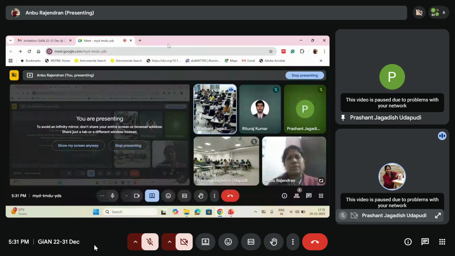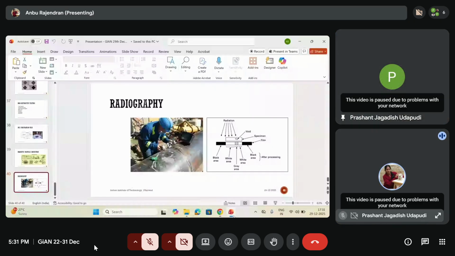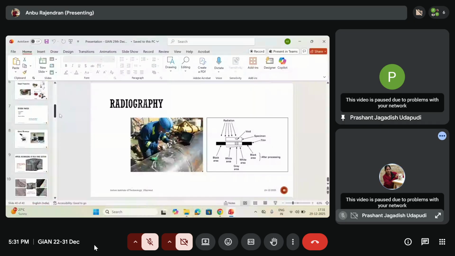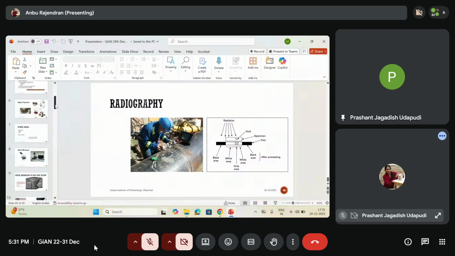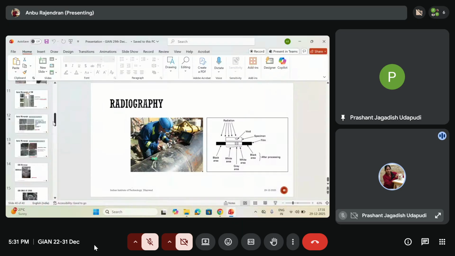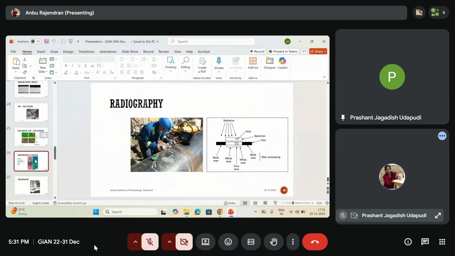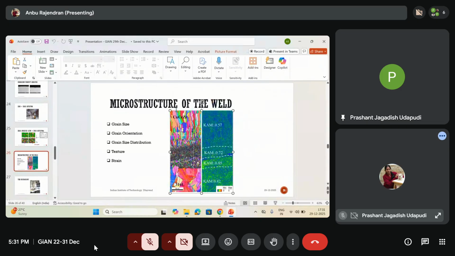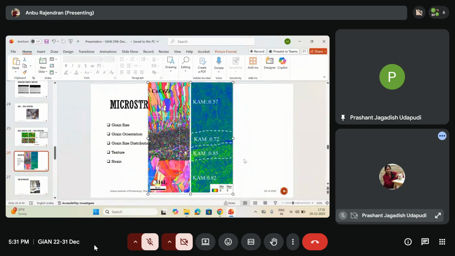Stress, actually you won't get the magnitude, but you can see the distribution of the stress from the image. You won't get the quantified value. So this is one of the images.